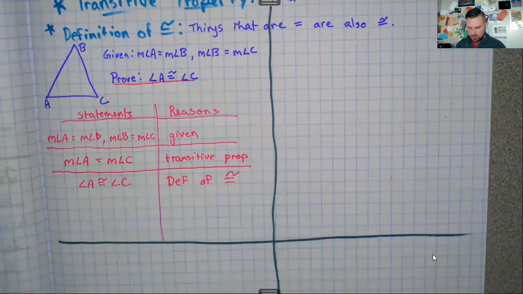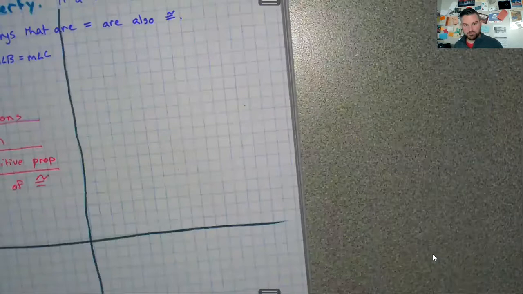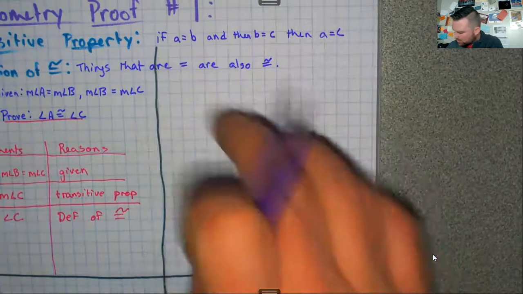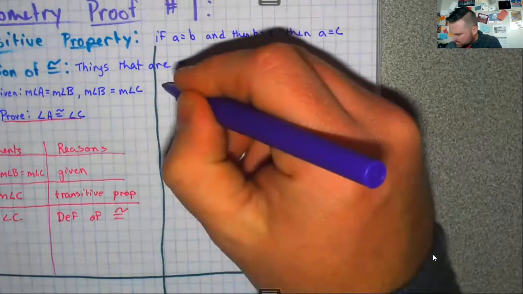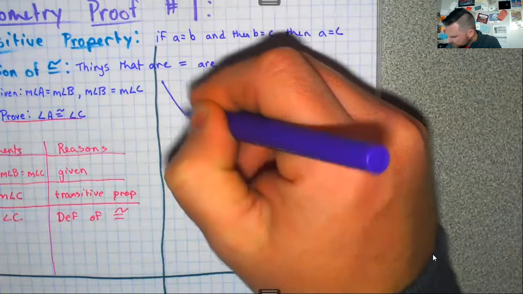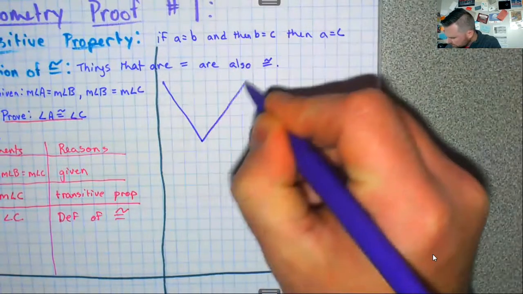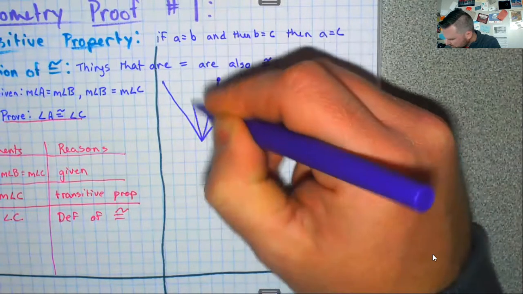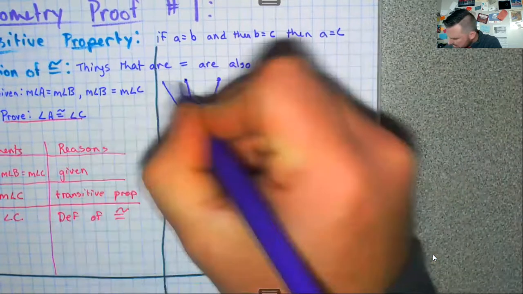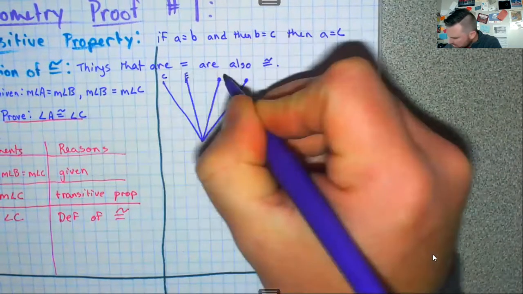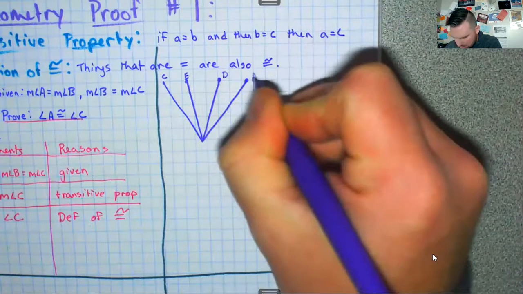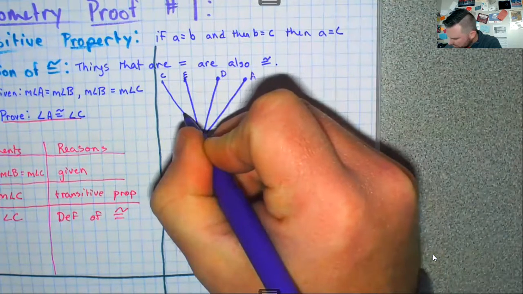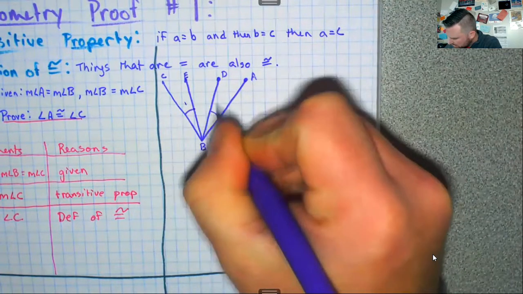Okay. All right, let's look at another one here. You will likely always have a picture with your proof that you need. Okay, so we have C, E, D, A, B. They say that this is 1, this is 3, and this is 2.